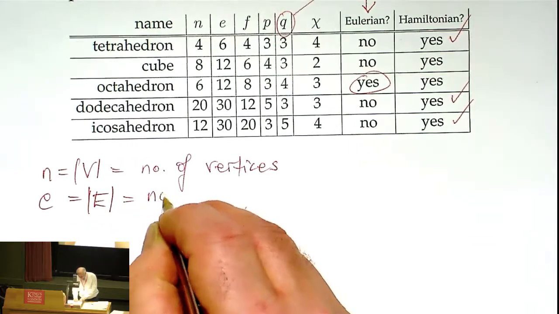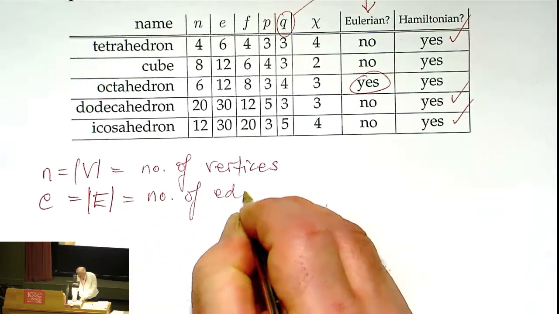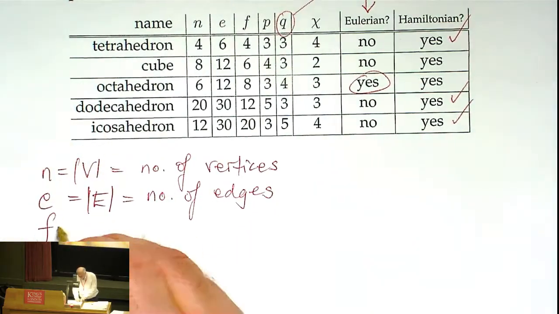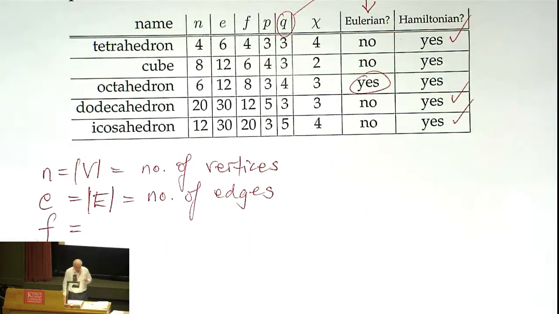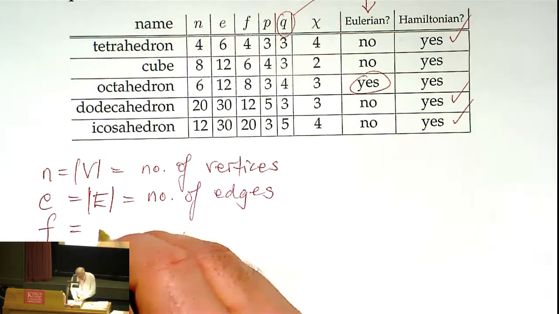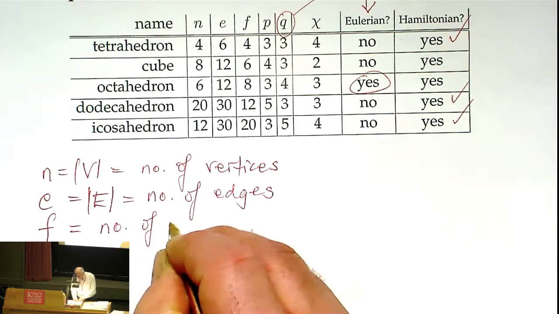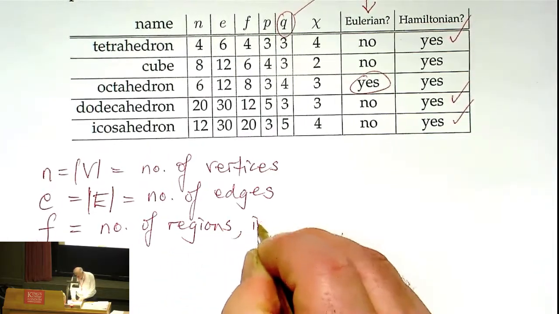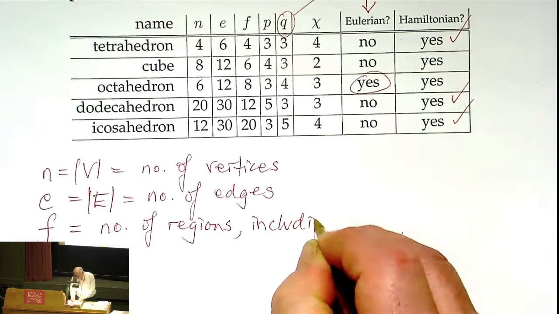This is the number of edges of my graph, or of the polyhedron. F, you have to be careful. F is the number of faces of the polyhedron, but it's the number of regions of the graph, including the outside region, the infinite region.